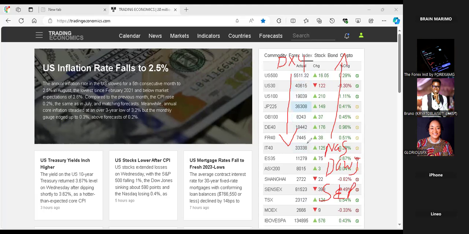But there are times where we call it a mixed bag, where they can move in the same direction. There's nothing wrong with that. It does happen, but it's not often. But when we do have a mixed bag, simply walk away. But definitely say these have an inverse correlation. When we see the dollar selling, the stock market goes up.